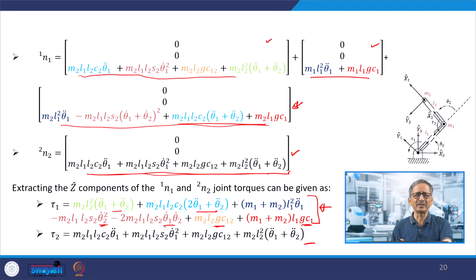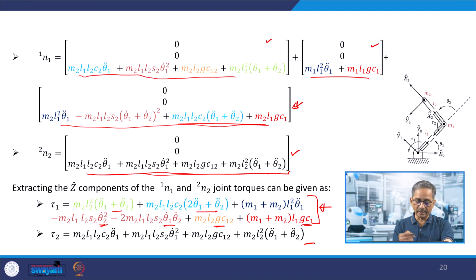The interpretation of these terms, what is the physical meaning of these terms, and how these individual terms are contributing to the joint torque, I am going to discuss in the coming lecture, okay.